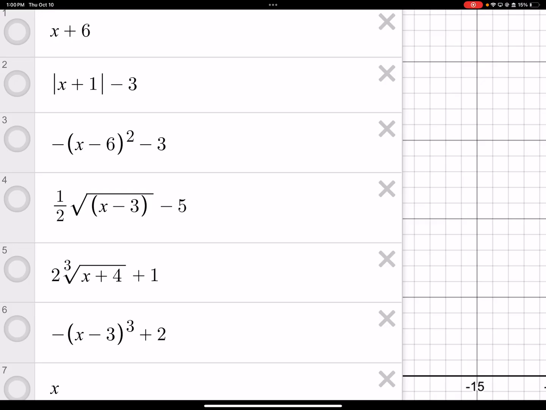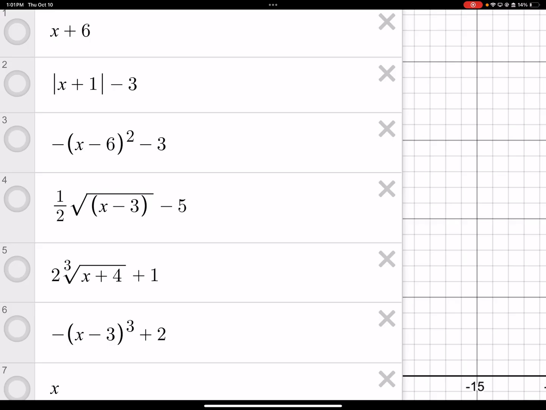If it's inside parentheses, so you've got that x value inside parentheses, or you have it inside of absolute value, or you have it underneath the radical symbol, that's telling you what your x value is going to do. And your x value is going to do the opposite of what you think it's going to do. So if it's negative inside parentheses, negative actually means it's moving right.